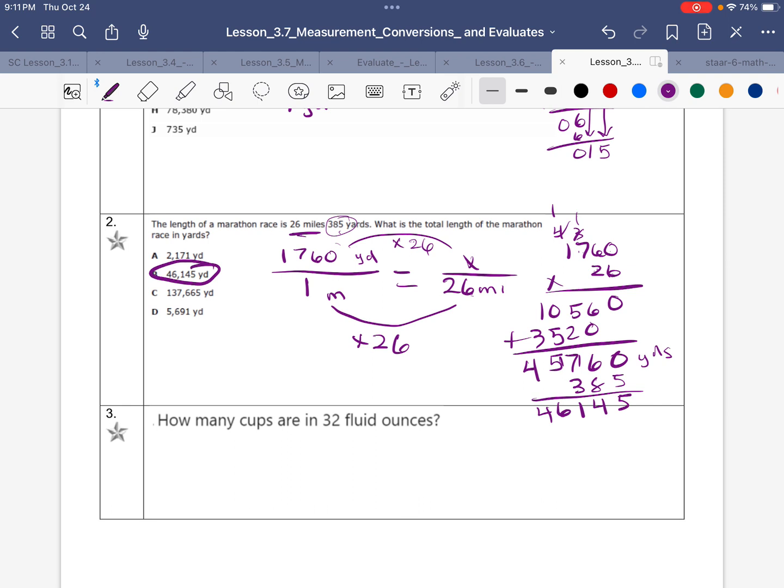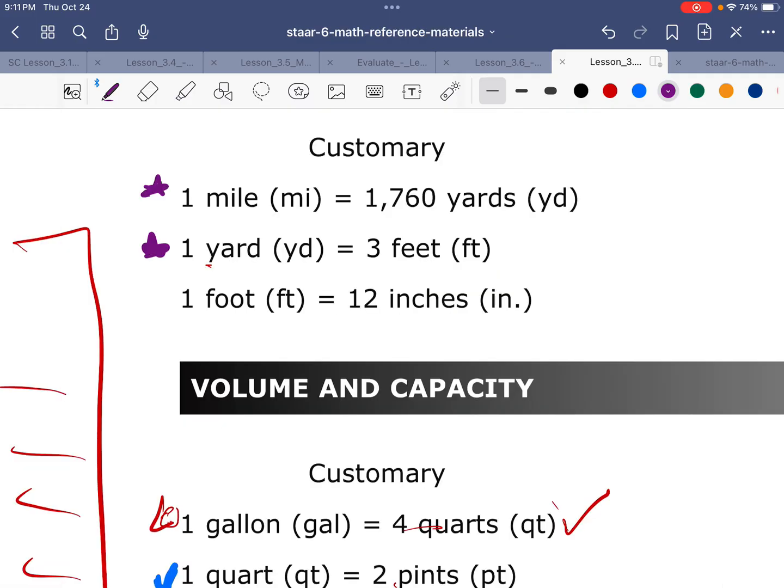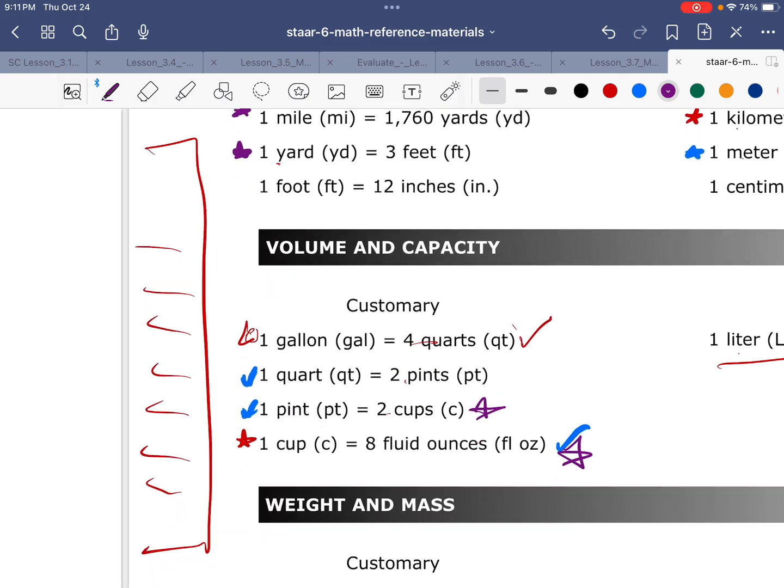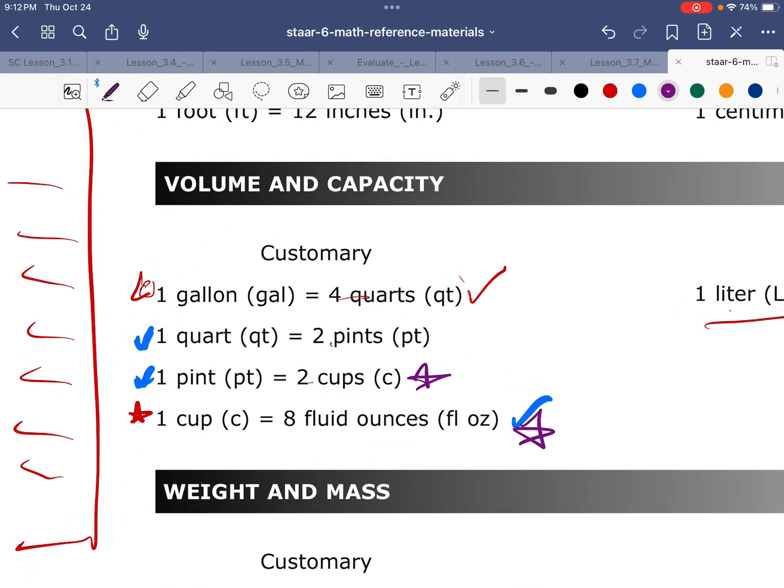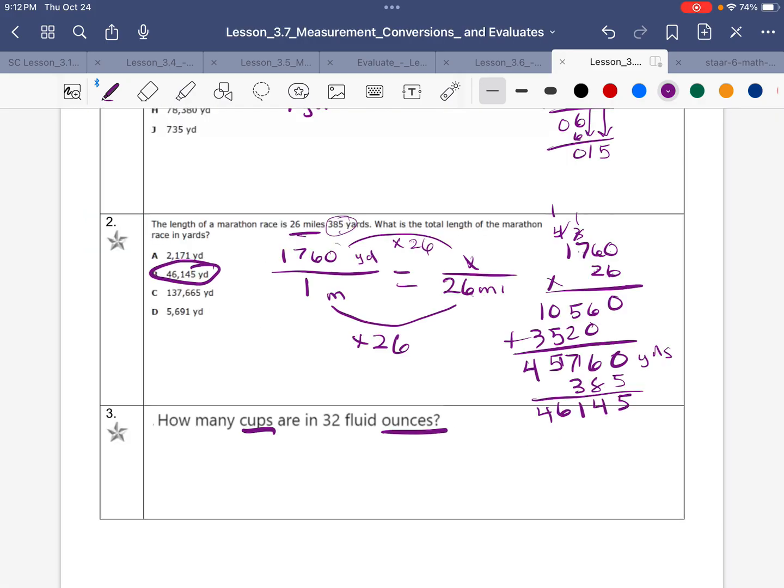Now we've got cups to ounces. So, right here, 1 cup, 8 ounces. And we've got 32 ounces.